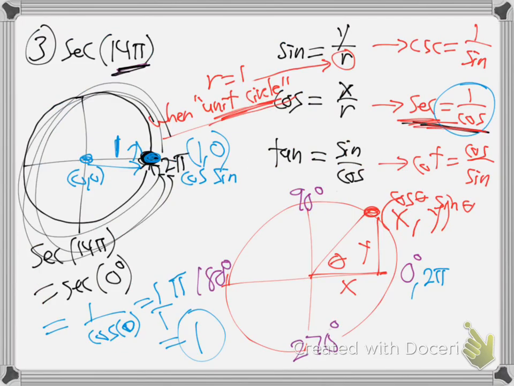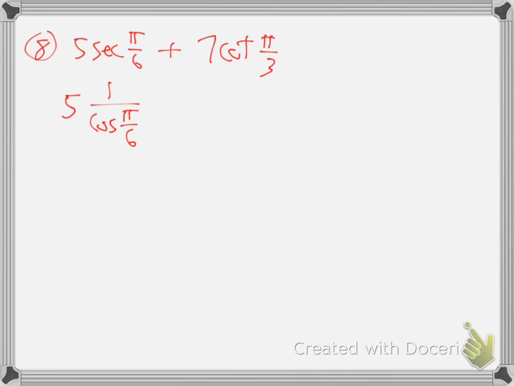Secant is 1 over cosine. And cotan is cosine over sine. So this will be cosine over sine. We good to there so far? So I just changed everything to sines and cosines, notice. All of trig is really sines and cosines. Keep going.